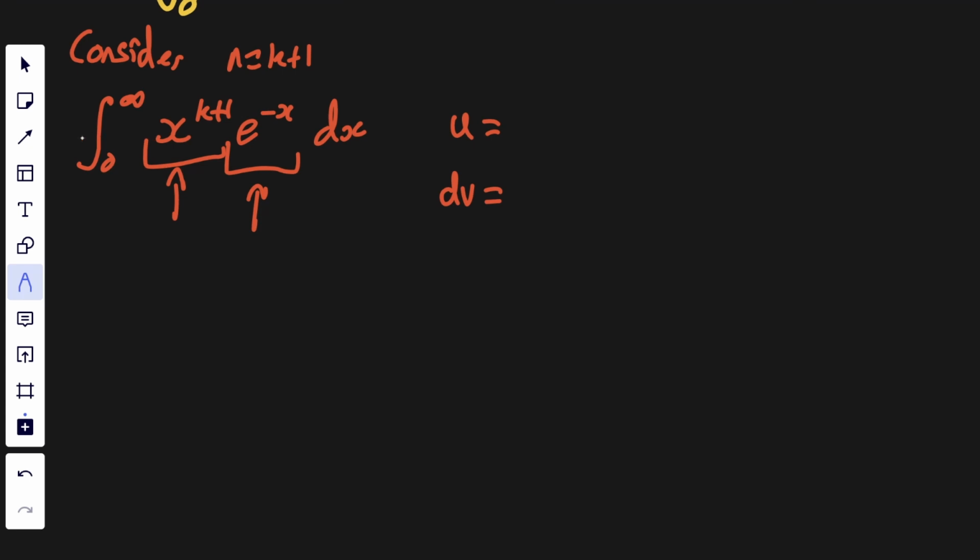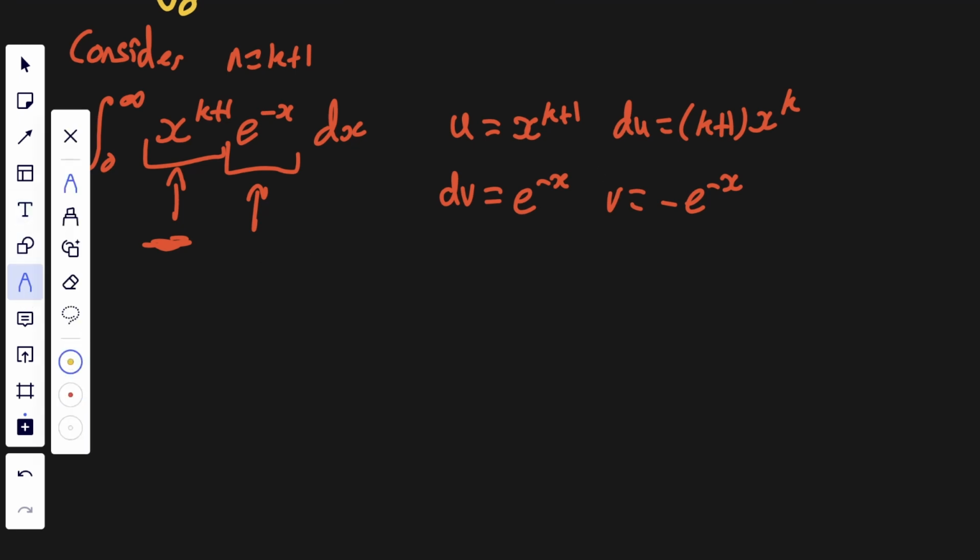But that's fine because we can always just take constants out to the front. So we don't mind introducing a constant. So we have u equals x^(k+1), dv equals e^(-x). That means du is going to be (k+1) x^k, and v is going to be minus e^(-x).